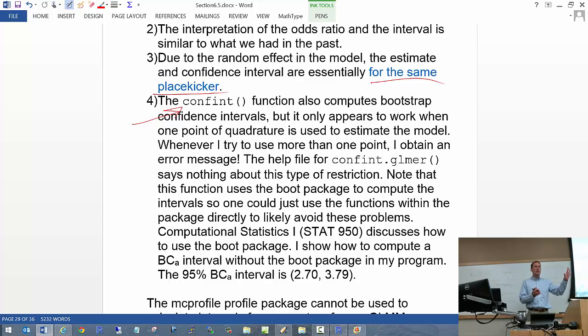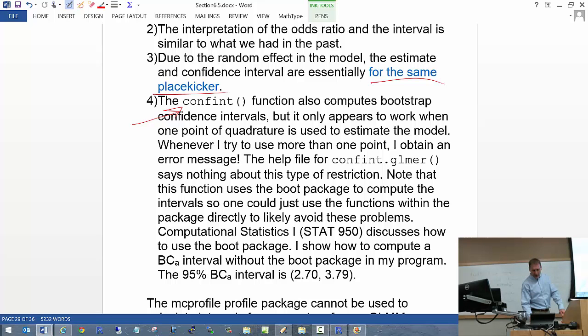It doesn't make sense to me why that would occur, other than maybe it's preventing you from using so many points, because you have to realize that this model has to be re-estimated, in this case, 2,000 times. And of course, the more points of quadrature you have, the longer it's going to take. And so perhaps that's why they never decided to program it in, so that you could use more than 1. But it doesn't mean that you can't do it.